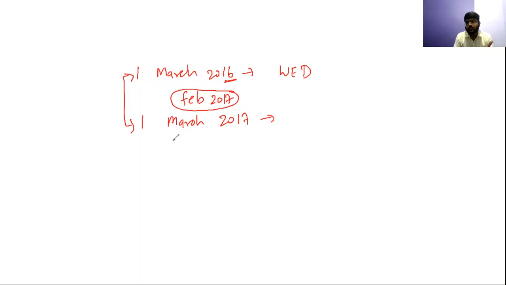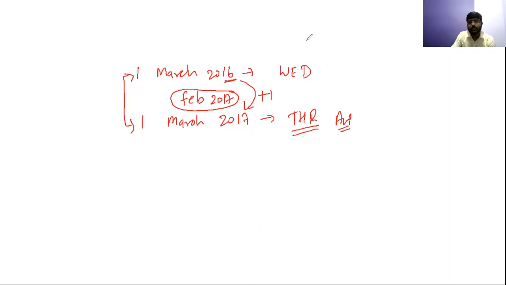So February of 16 will not come into the picture. It is only the February of 17 that will come into the picture, and February of 17 is an ordinary February, so you will just add 1 to this, and your answer will be Wednesday plus 1, that is Thursday. So I hope now this is clear to you.